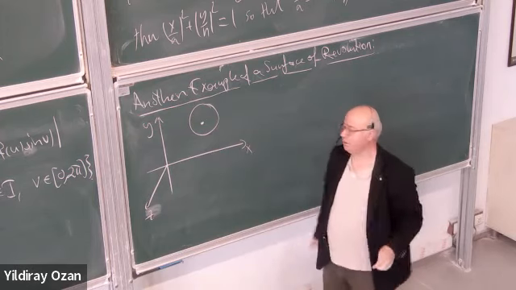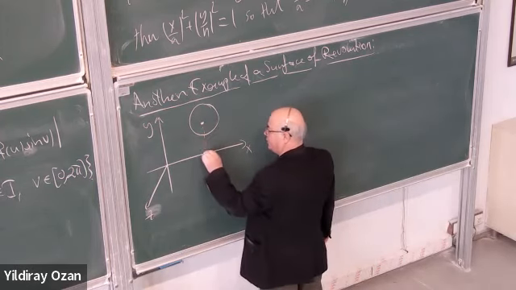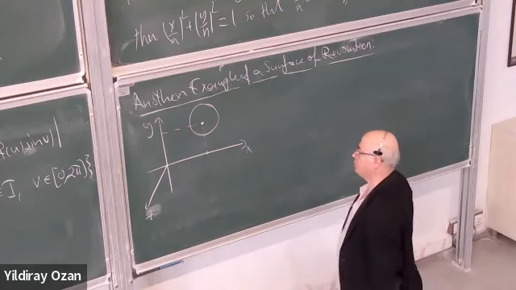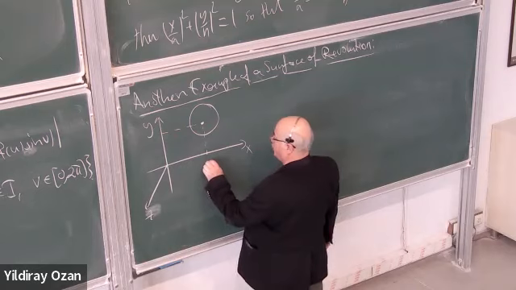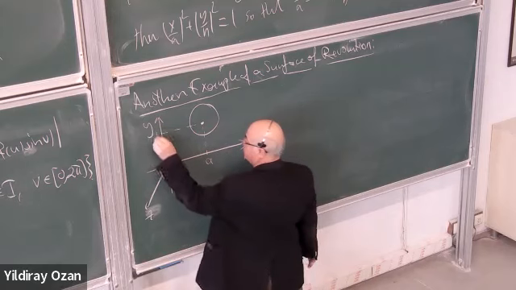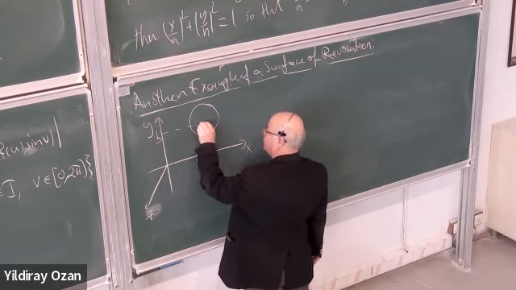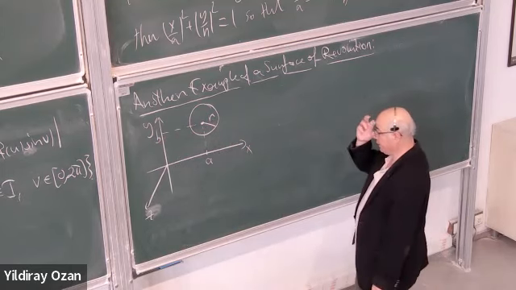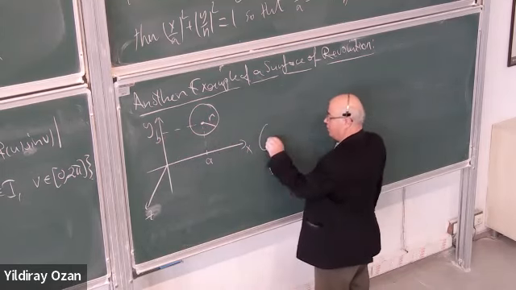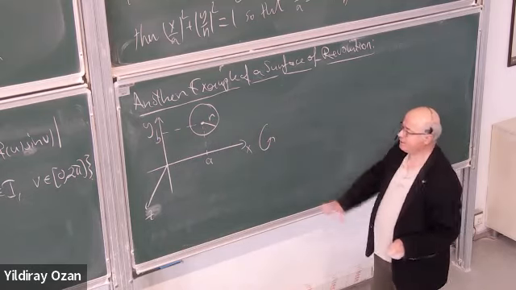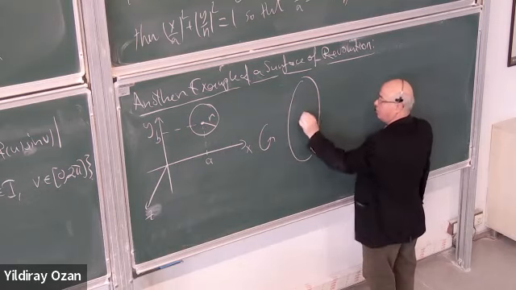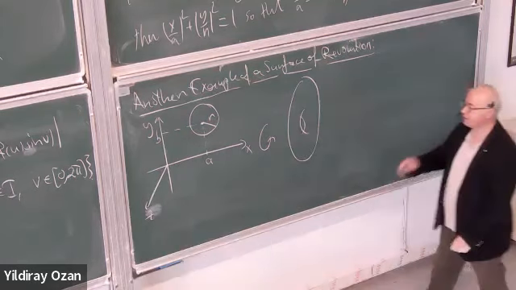This is a circle, let's say with center at the point A, B, and let's say it has radius R. When you rotate this about the x-axis, you will get so-called a torus, right? Something like this.